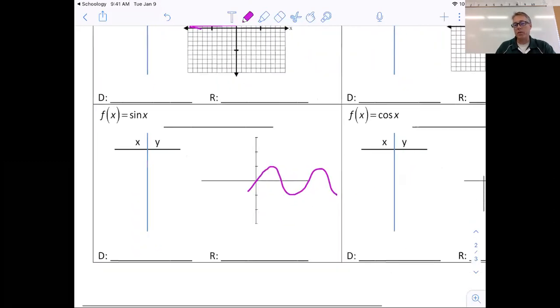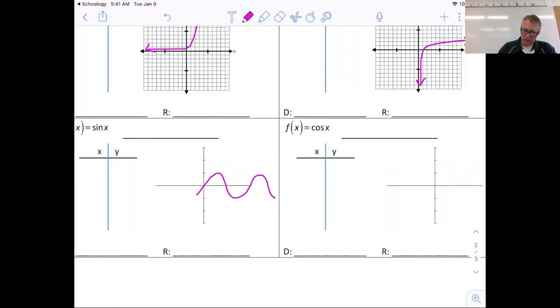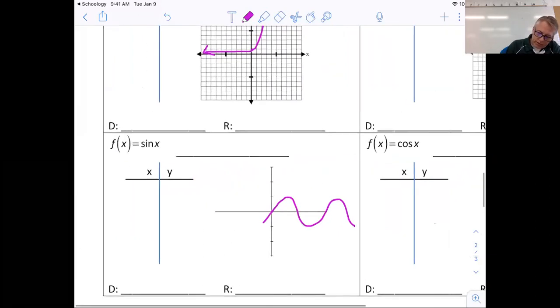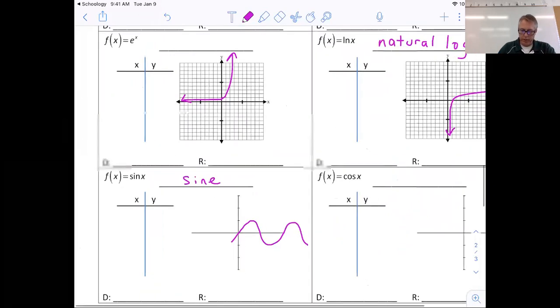That's what a sine graph looks like. It's just a wiggle going from +1 to -1, +1 to -1. And I guess I should write that sine graph. It's S-I-N-E, even though we don't write the E.